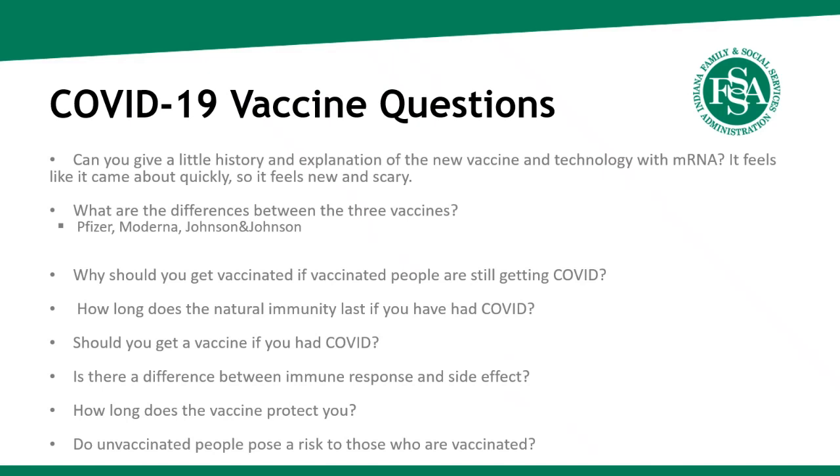Even more importantly, the biggest effect is that even if you're vaccinated and get COVID, for the most part, that infection is milder and doesn't put you in the hospital or dying.